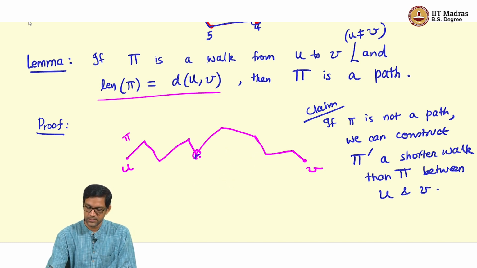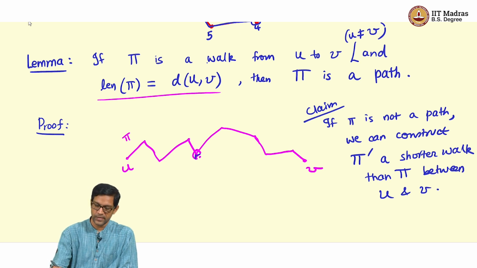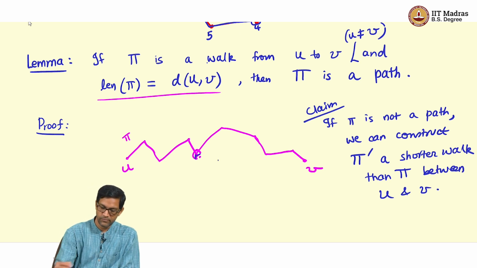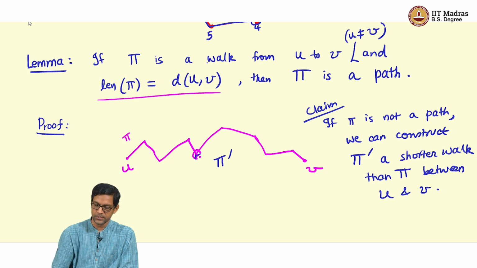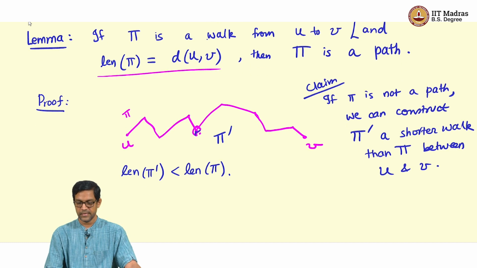So, just look at this and call this new thing pi prime, and then it is clear that the length of pi prime is smaller than the length of pi. Okay. So, that is the basic idea.